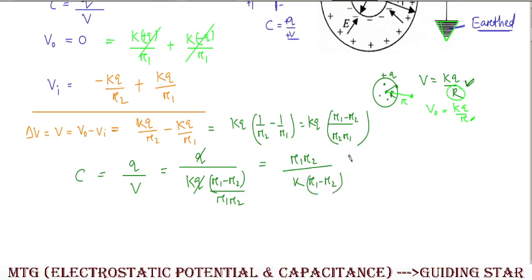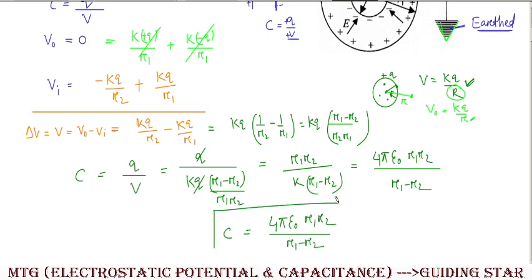So this will be the capacitance of the given spherical capacitor. If we put the value of K, it will be 4 pi epsilon naught R1 R2 whole divided by R1 minus R2. Clear? So finally C is equal to 4 pi epsilon naught R1 R2 divided by R1 minus R2. This is the capacitance of a spherical capacitor.